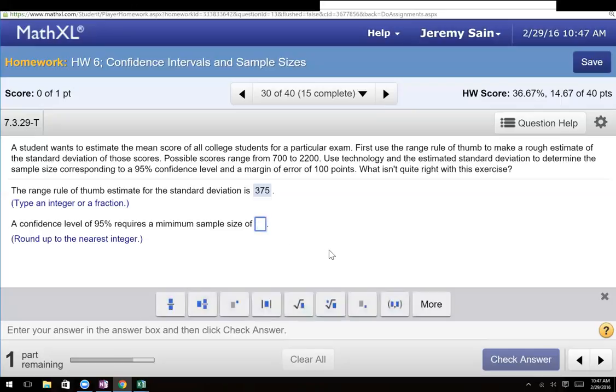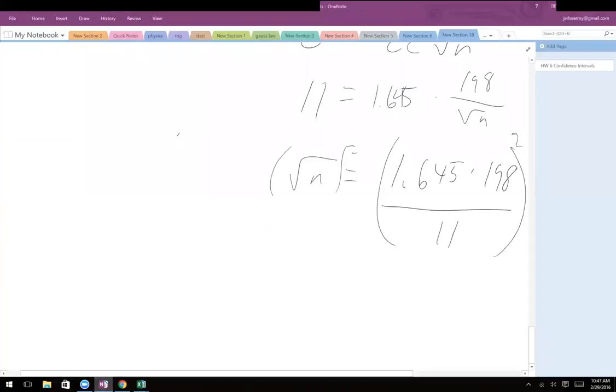All right. If you want a confidence level of that, then the minimum sample size is, so you want a margin of error of 100 points. So we're going to do the same thing. So 100 is our critical Z, which for 95%, you can punch it in, it's 1.96, which remember is basically 2.